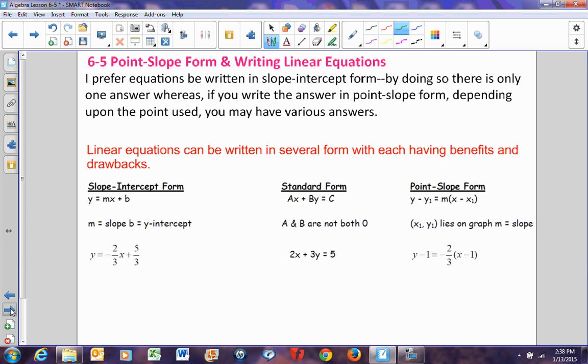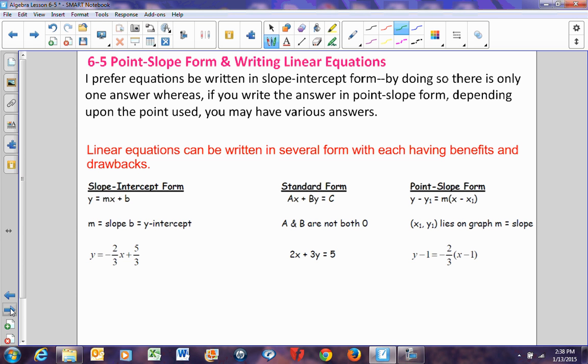Linear equations can be written in several forms, each having a benefit or a drawback. Okay, the slope-intercept form is y equals mx plus b, where m is your slope, and b is your y-intercept. Example, y equals negative 2/3 x plus 5/3. Standard form of the same equation is ax plus by equals c, where a and b can both not be 0 at the same time.